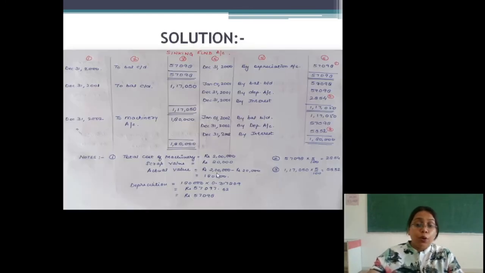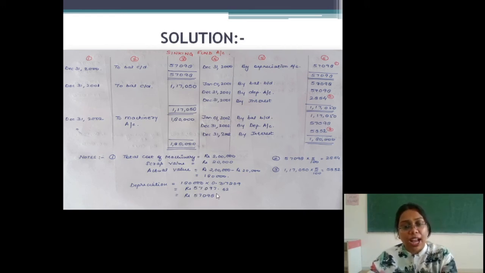So we'll multiply this value of the sinking fund table, that is at 5% in 3 years, 0.317209, to the actual cost of the asset, that is 1,80,000. So we'll get this amount, that is 57,098.